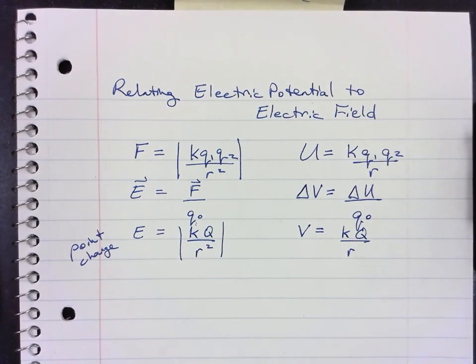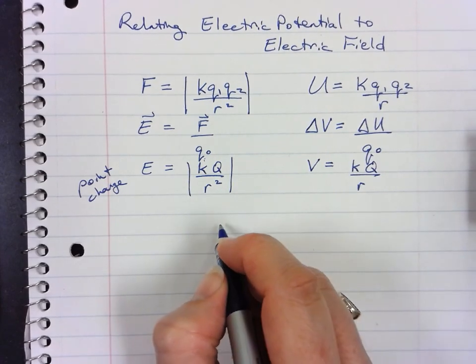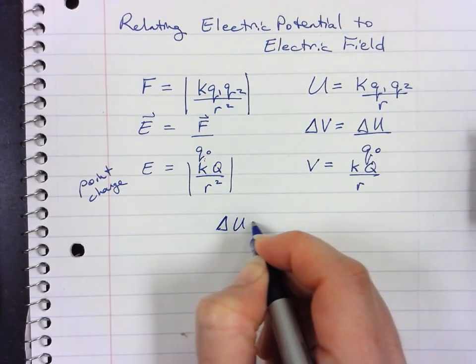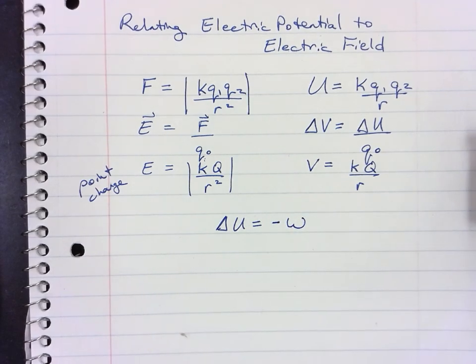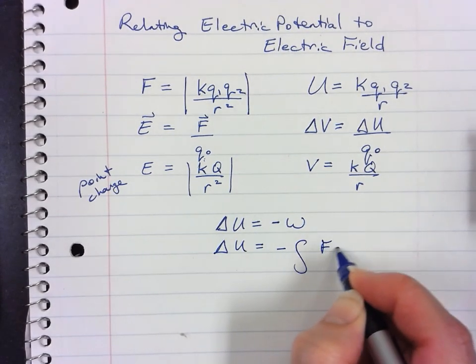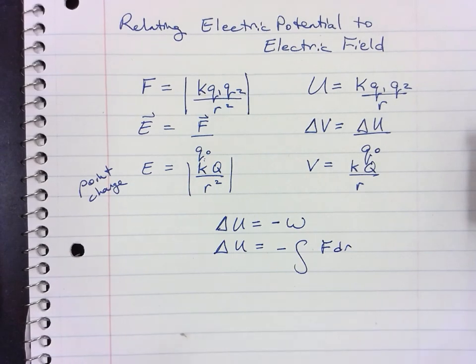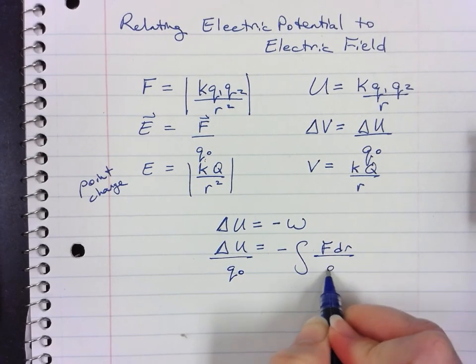So to connect these two, I want to show you, again, we're going to start from potential energy. Change in potential is defined as the negative work done by something. So if I write that as delta U equals negative integral of F dR, I'm going to divide both sides by Q naught, just for the fun of it.